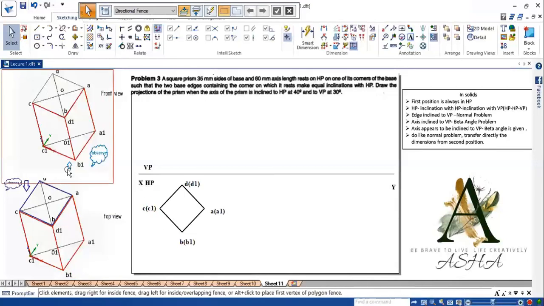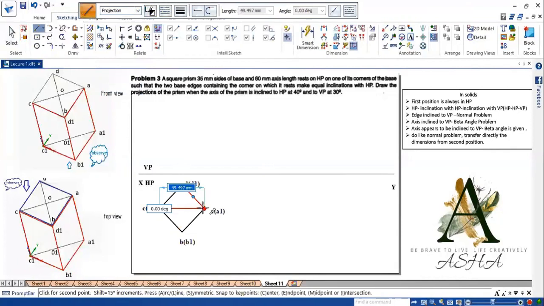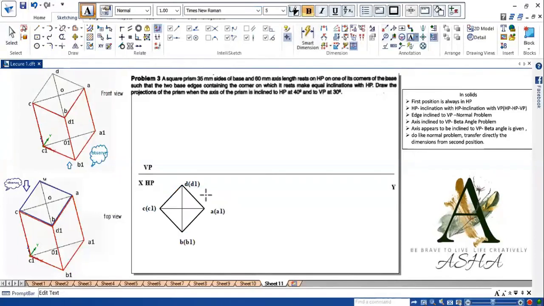I can see the center O, so use projection line. Connect from one corner to the opposite corner. For me, O is visible, whereas O1 will be hidden.